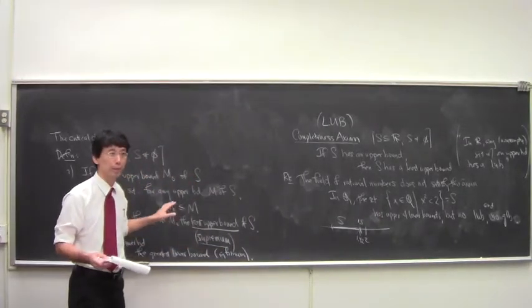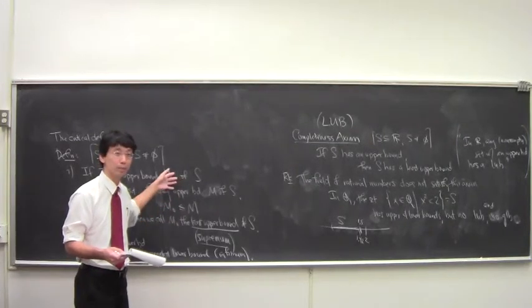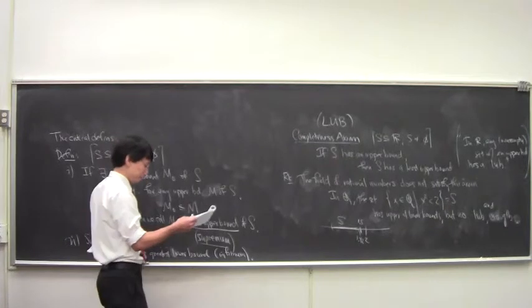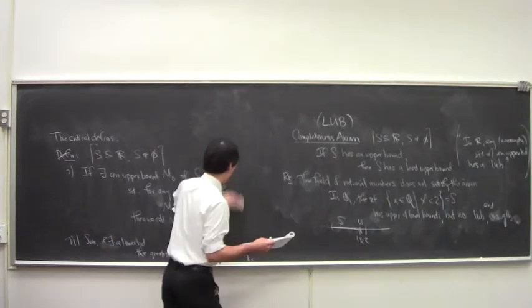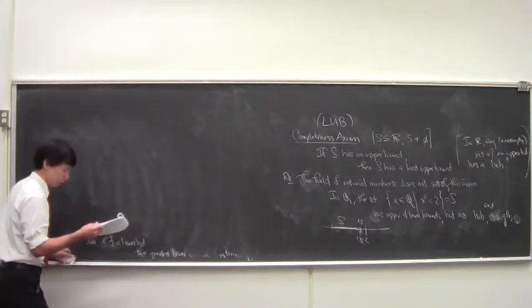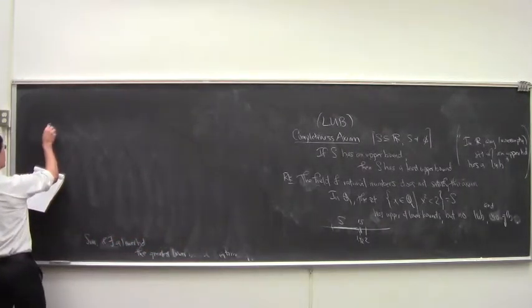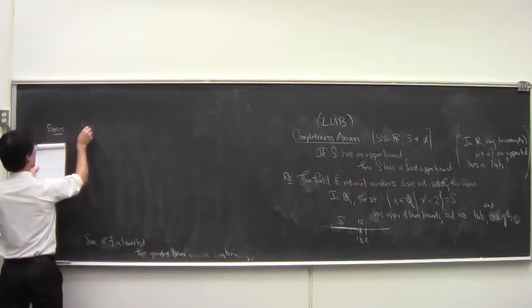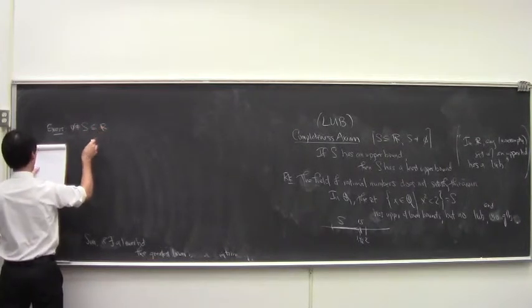Is everyone getting a sense of what the least upper bound and greatest lower bounds are? Maybe I'll make you do an exercise to make sure that you do understand. Okay. So here's an exercise for you. Suppose again S is a non-empty set that lies in the reals.